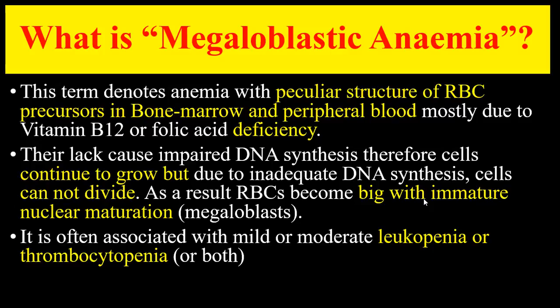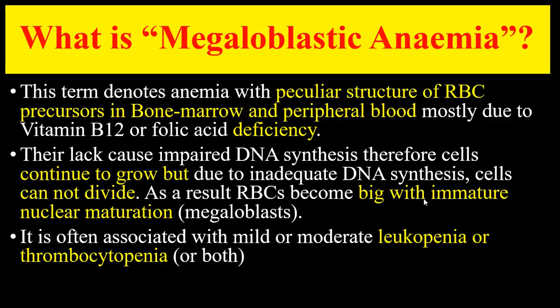So in other words, the term megaloblastic anemia denotes the peculiar structure of RBC precursors in bone marrow and peripheral blood, most often due to vitamin B12 or folic acid deficiency. So they produce megaloblast. So what does the megaloblast look like?